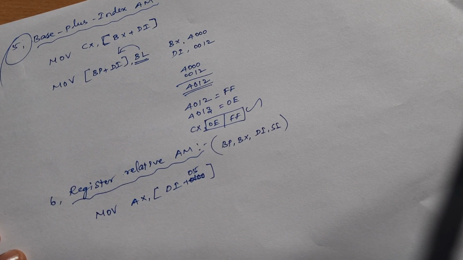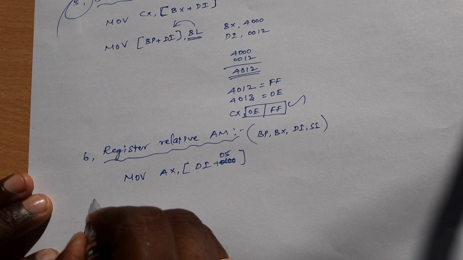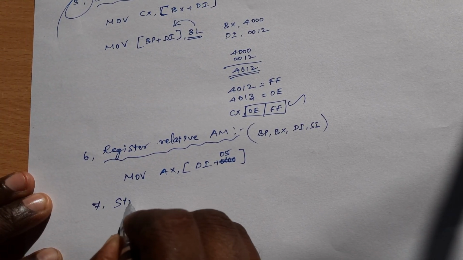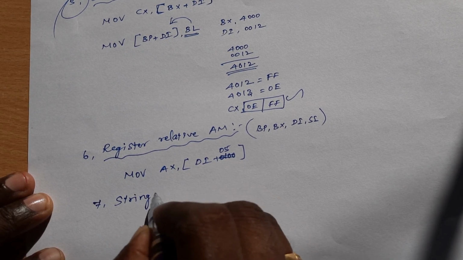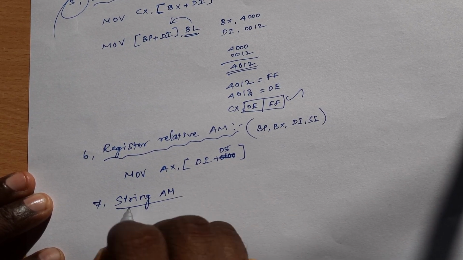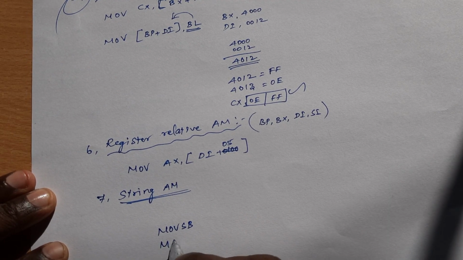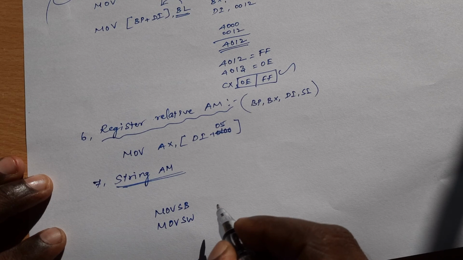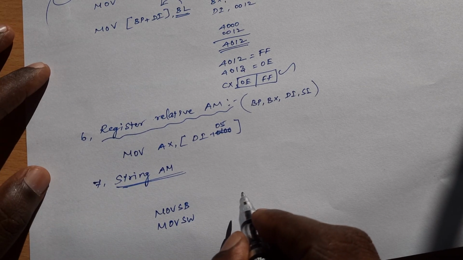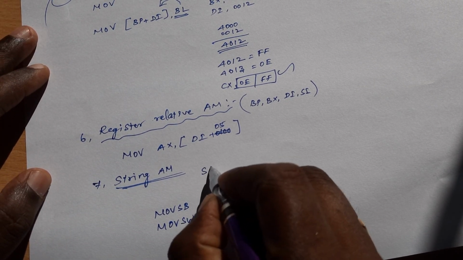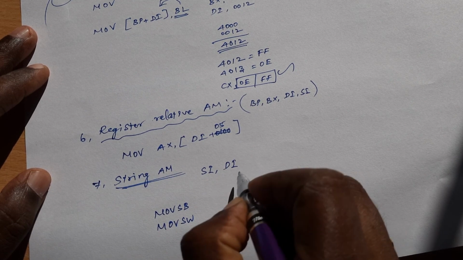Then next we can have the string addressing mode. In the string addressing mode, the examples are MOVSB, MOVSW, move string byte, move string word, such things. Here mainly source index and destination index are used.